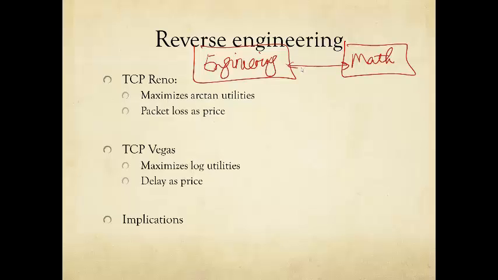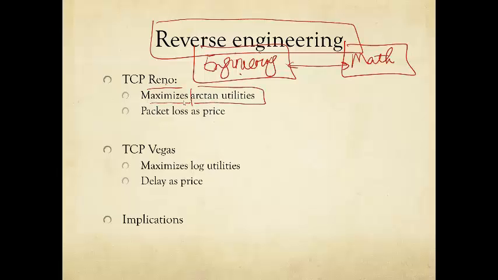About 10 years after the invention of TCP Tahoe, applied mathematicians and engineers collectively figured out a good way to understand the engineering artifact of TCP protocols. In particular, they reverse engineered TCP Reno as implicitly maximizing a specific utility function, arctangent, with packet loss used as the congestion price, the link price, or mathematically the Lagrange dual variables P.